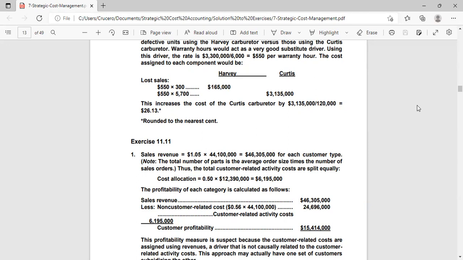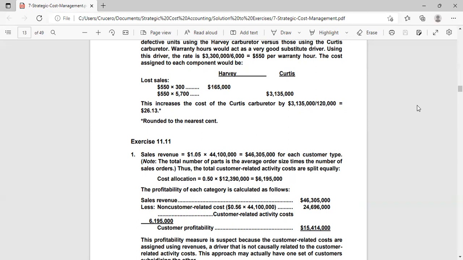Emery's cost accounting department has provided the following budgeted data for customer-related activities and costs, the amounts expected for the coming year. So we have now the column for frequently ordering customers and the less frequently ordering customers.